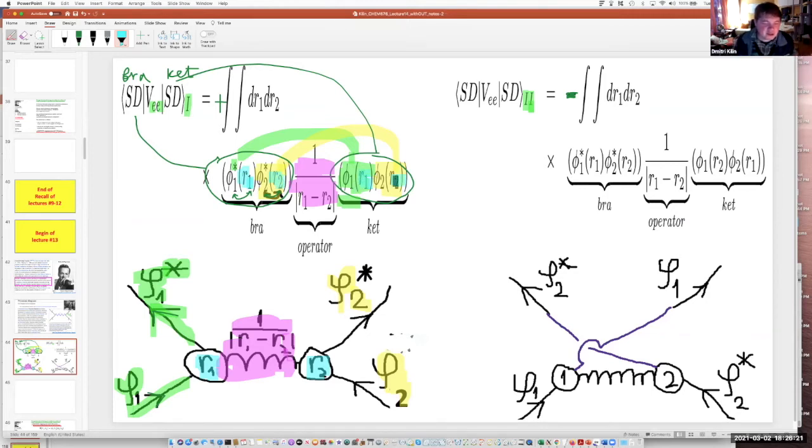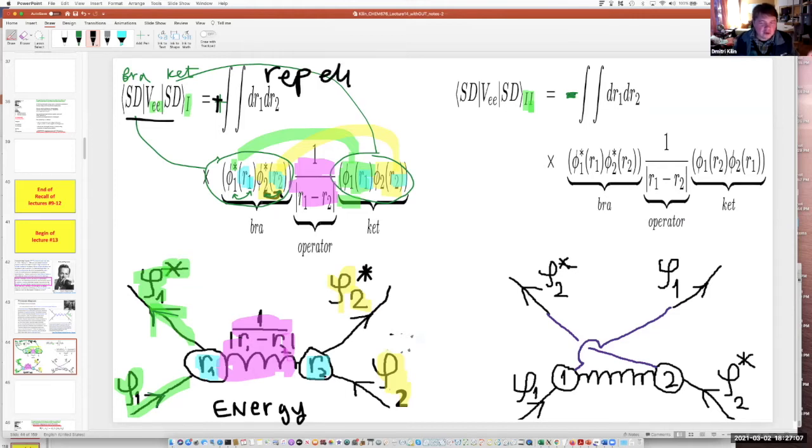So this can be interpreted this way: the first electron in state 1 and the second electron in state 2 collide with each other and then repel, and this diagram corresponds to the energy of their repulsion. Makes sense? Yes. And since it is a positive sign, it is energy of repulsion.